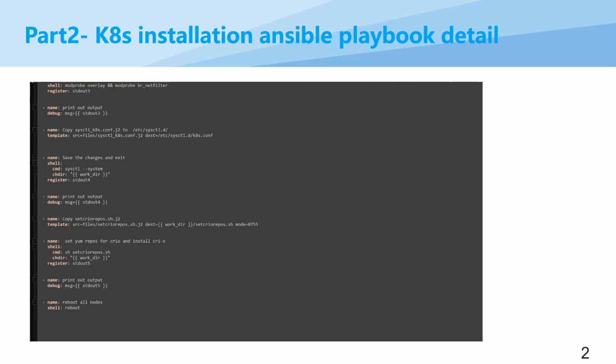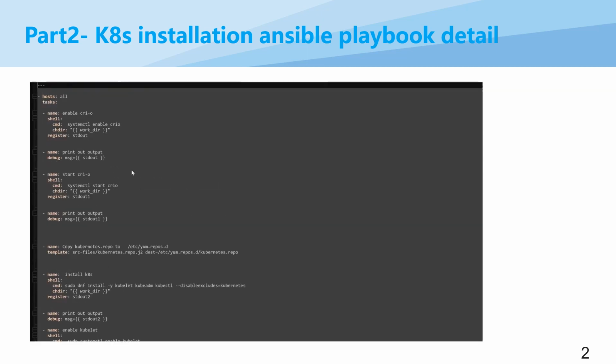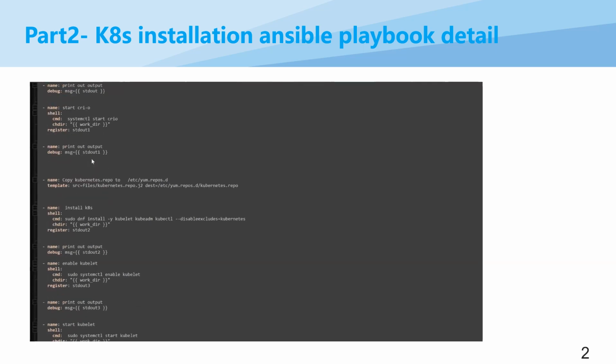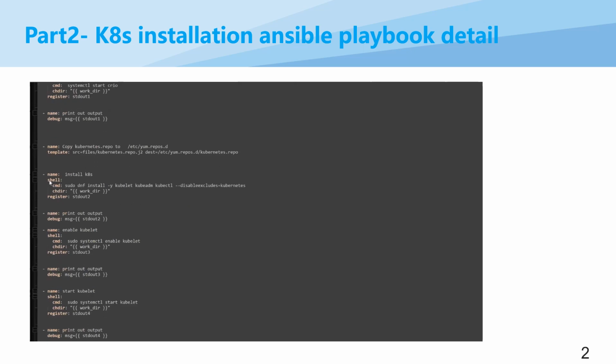Then in the second one, this should be the install. You can see for all the nodes we enable CRI-O. This is the new container runtime for Kubernetes, and then we start that service. Then we copy the Kubernetes repository to the system repository, /etc/yum.repos.d, and next we install Kubernetes on all the nodes: kubelet, kubeadm, and kubectl.